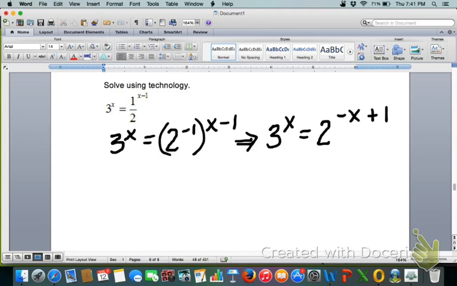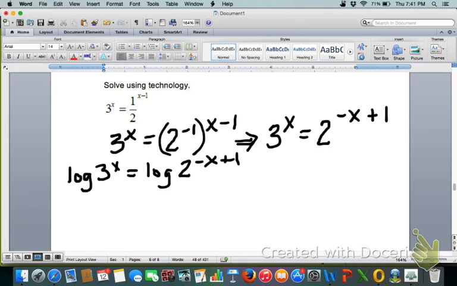If I look right here, I don't have like bases, but I can still solve it. I just have to use my logarithms. So I'm going to take the log of both sides. The log of 3 to the x equals the log of 2 to the negative x plus 1.